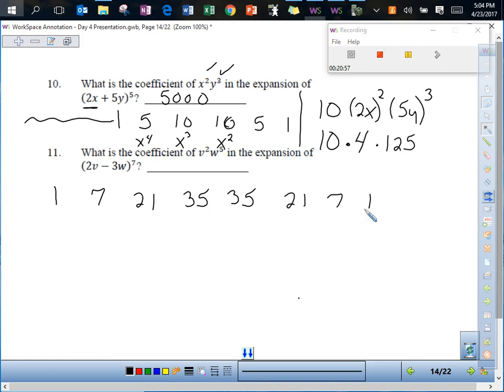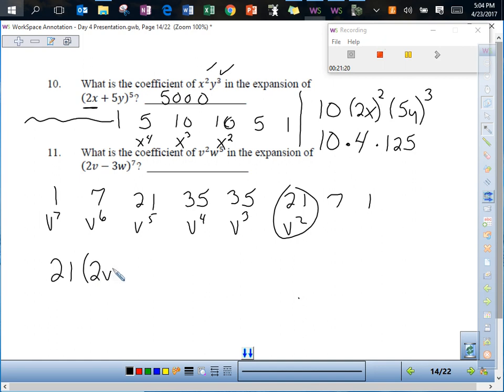Now do a little countdown. This term represents v to the 7th, v to the 6th, v to the 5th, v to the 4th, v cubed. Here's finally my v squared. So I know there's a 21 in there.